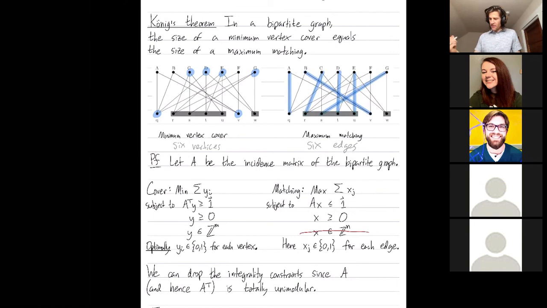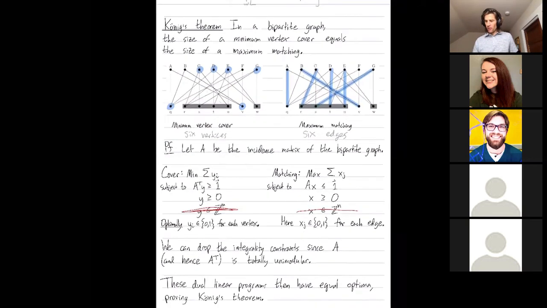And A being totally unimodular tells us that A transpose is totally unimodular. And so same thing here. I can get the same optimum even if I remove that constraint by the main theorem of totally unimodular matrices. So now these are two truly linear programming problems.